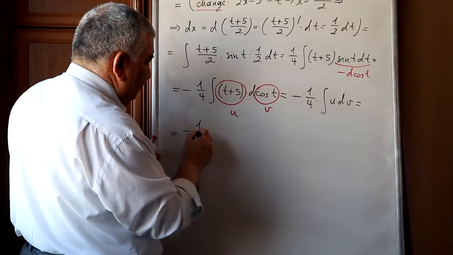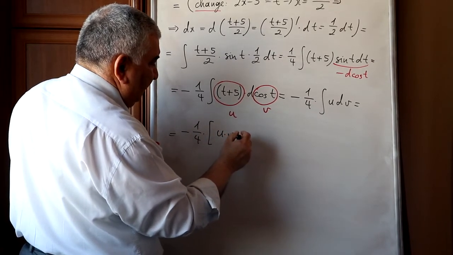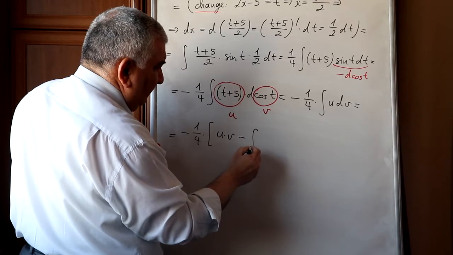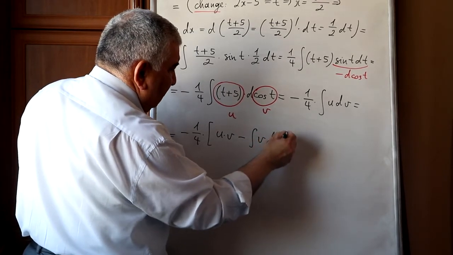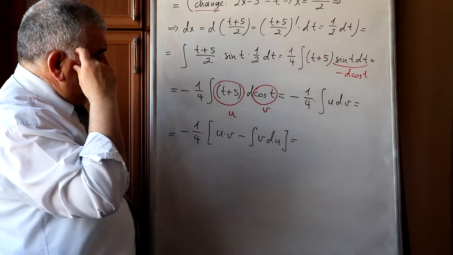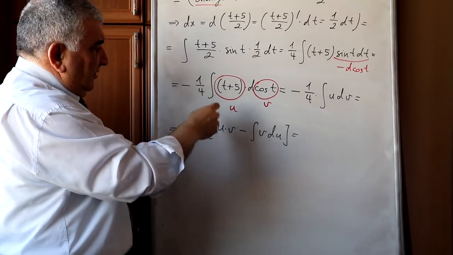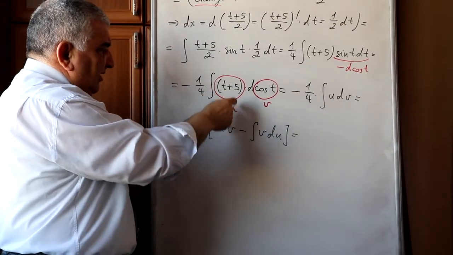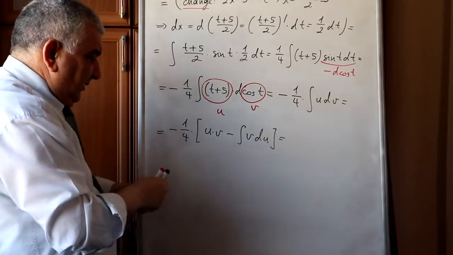Minus 1/4 multiplied by u multiplied by v minus integral v du. Then substitute the corresponding expression instead of u and v. Substitute t plus 5 instead of u and cosine t instead of v.